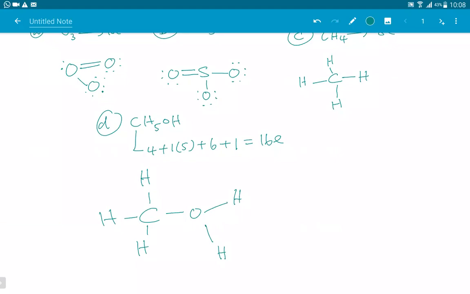They are 5, so there's supposed to be another one here. So 2, 4, 6, 8, 10, 12, 14. We have 14 here. So how many electrons are we remaining with? We're remaining with 4.